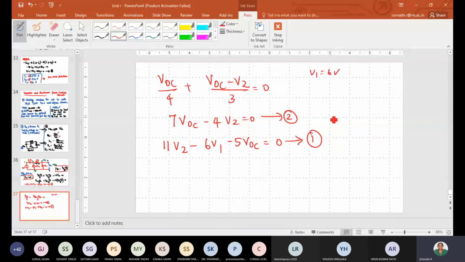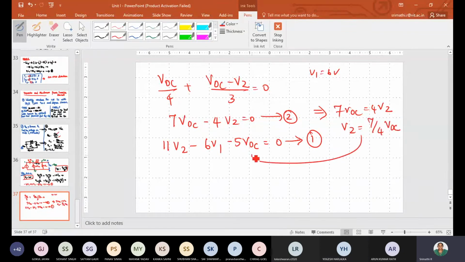So now I can get here 7 VOC as 4 V2. Am I right? Yes, ma'am. And V2 in terms of VOC is 7 by 4 VOC. Use this here. Find VOC and tell me quickly.